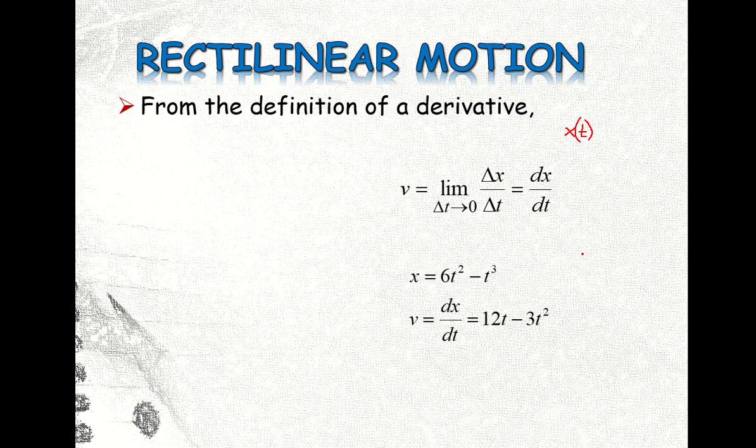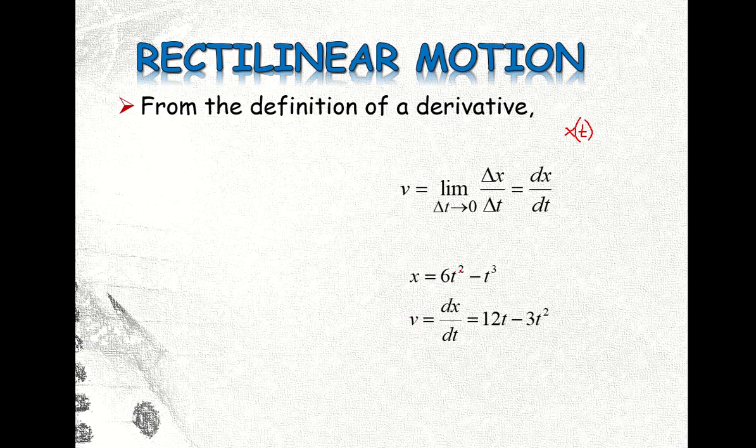For example, if you are given the position x equal to 6t squared minus t cubed, and you want to find the velocity, you just take the derivative of x with respect to time. That gives us v.